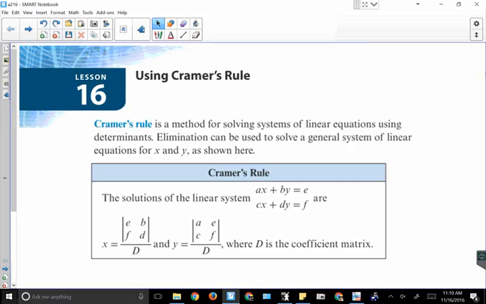Taking a look at something called Cramer's rule. As we move in through good stuff for algebra, there are a lot of other procedures and rules and methods for doing things. This is one of them. Now, this can be a little on the tough side, depending upon what you're working with.